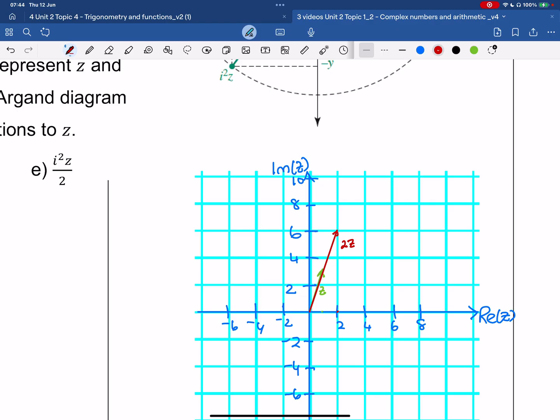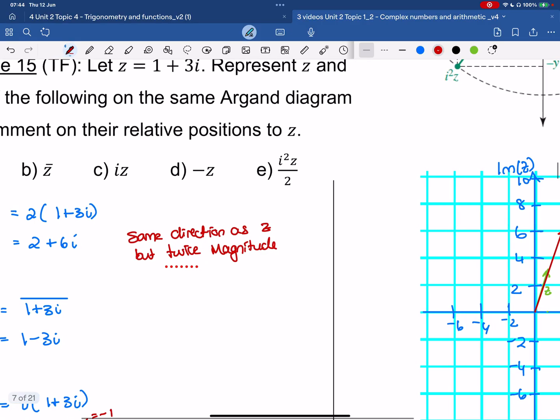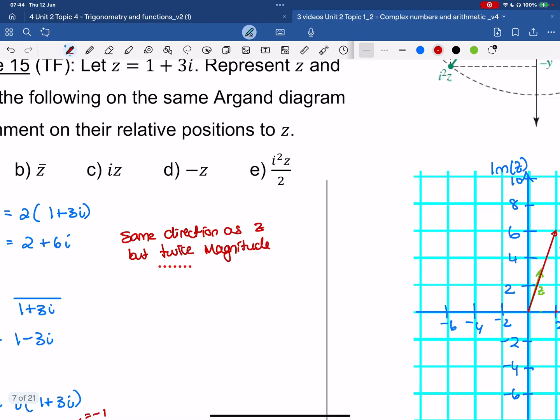And, oh, it's in the same direction, but it's twice as large. So same direction as z, but twice the magnitude.